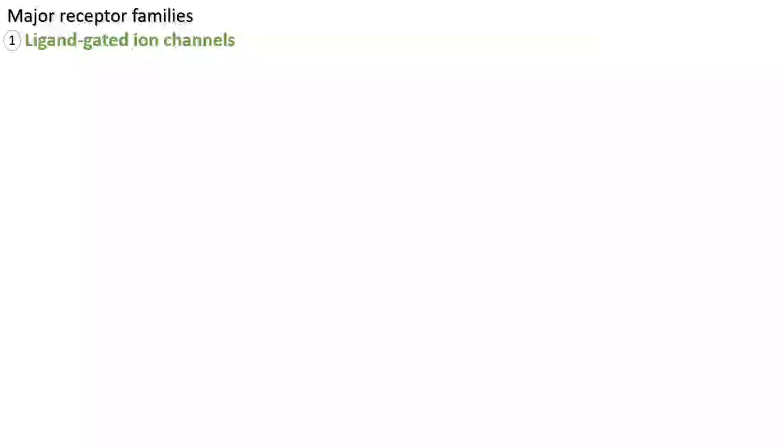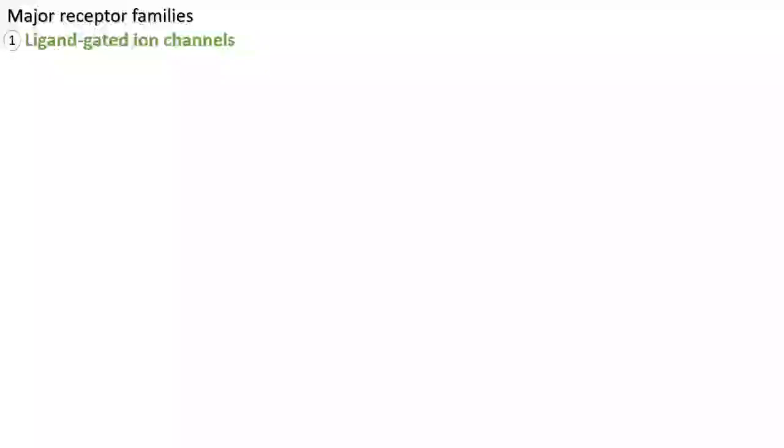Now we are comparing this type of ion channel with voltage-gated ion channels, which we discussed when we were talking about action potential. Voltage-gated ion channels were ion channels that opened or closed according to the electricity or the voltage.